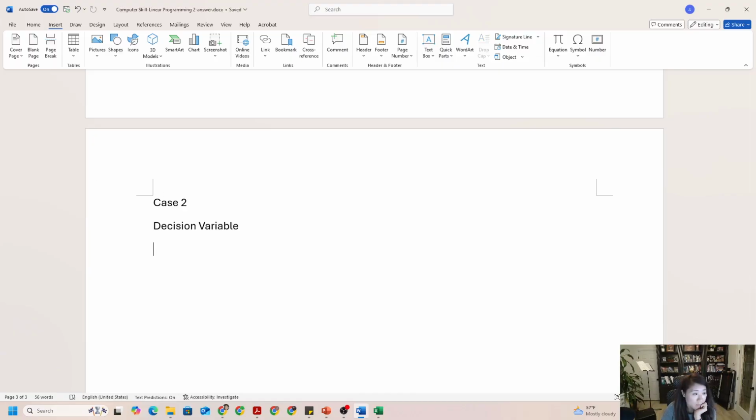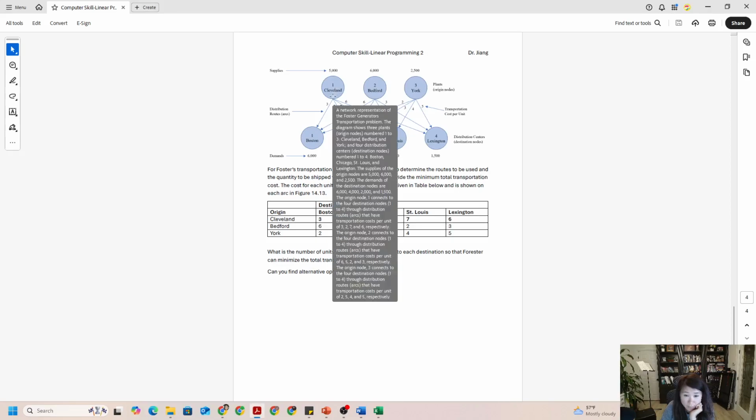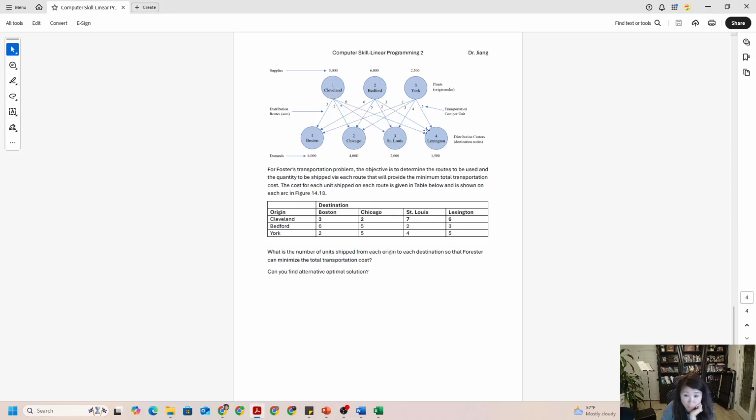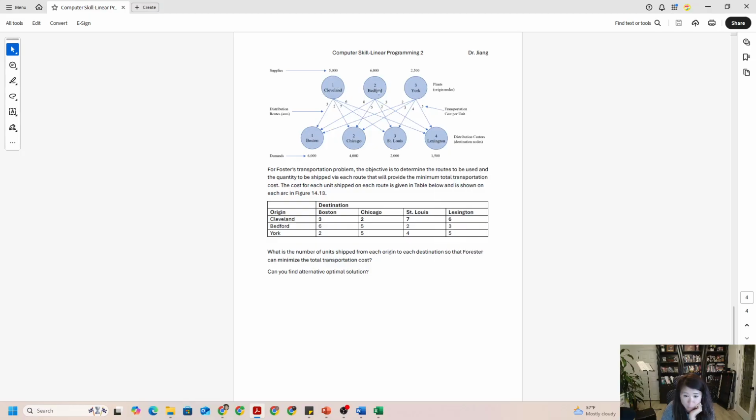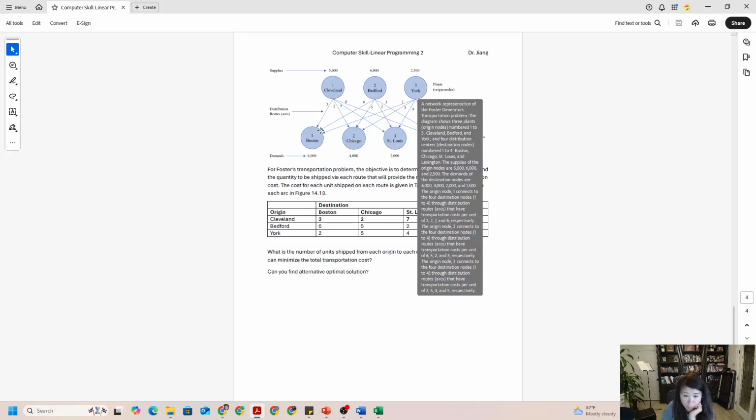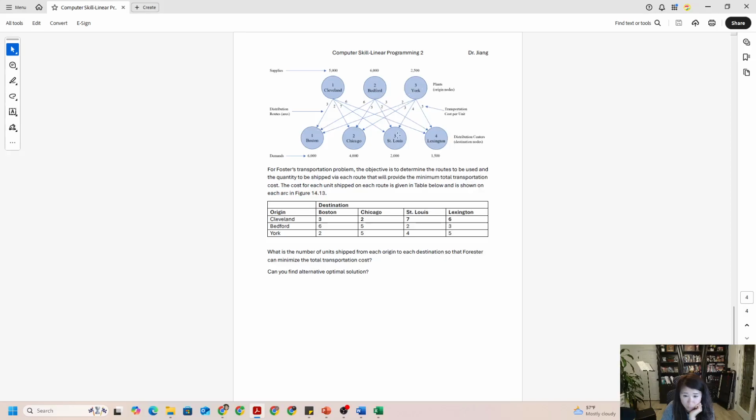What are the decision variables? The decision variables here are more complicated than you think. Let me go back to the problem. Each arc here will be one of my decision variables: how many we need to ship from Cleveland to Boston, Cleveland to Chicago, Cleveland to St. Louis, Cleveland to Lexington, Bradford to Boston, Bradford to Chicago, Bradford to St. Louis, Bradford to Lexington, York to Boston, York to Chicago, York to St. Louis, York to Lexington.